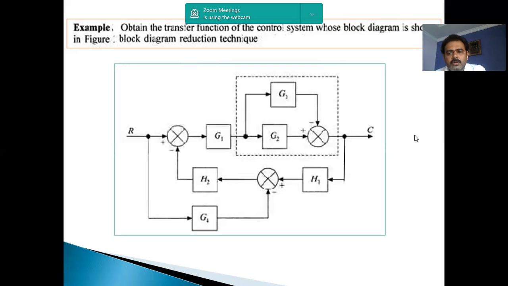Okay, now note down this example and try to solve this one. Anybody can respond. First step, what do we have to do in this block diagram to reduce it into a single block?